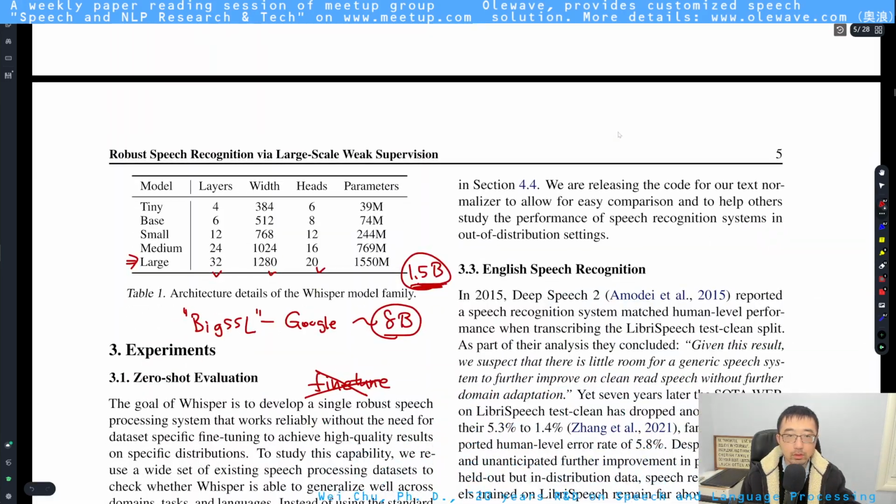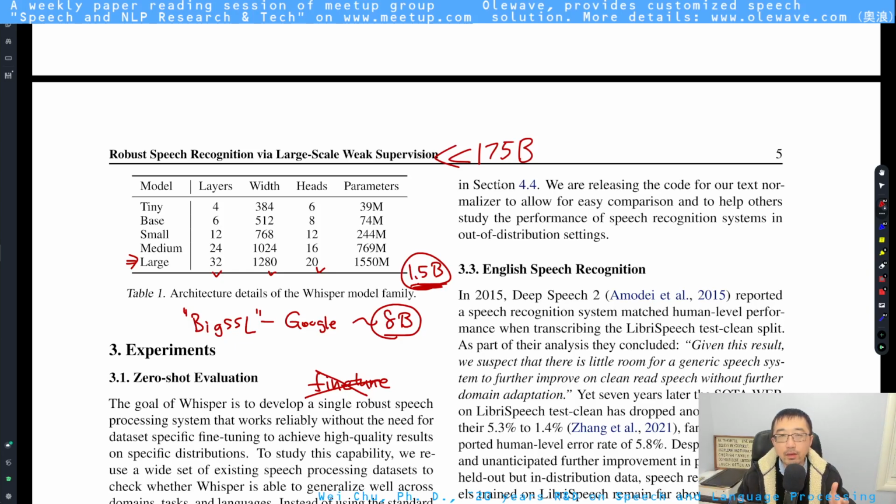Talking about the model size, the model size of the Whisper model in this published paper is 1.5 billion parameters. You may ask why this is significantly smaller than their GPT-3 model, which is 175 billion parameters. This is because of the consideration of computational cost, because speech is different than NLP.